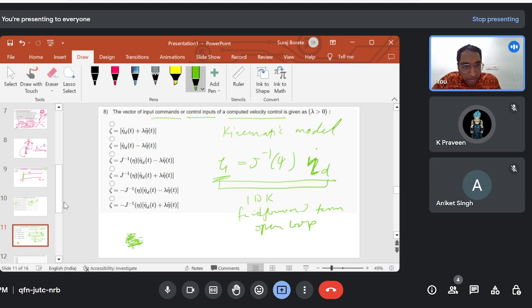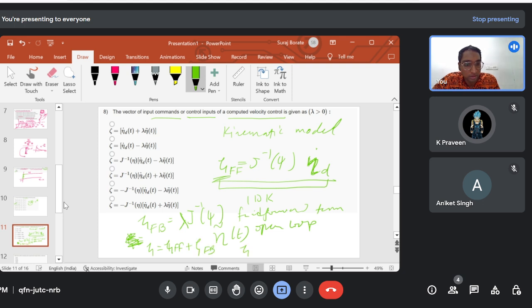So this is the eta feed forward term, right? And for eta feedback, we use the error. So we will have J inverse of eta into the error with respect to time into some positive constant lambda. Then we will have eta as the combination of eta ff plus eta feedback.